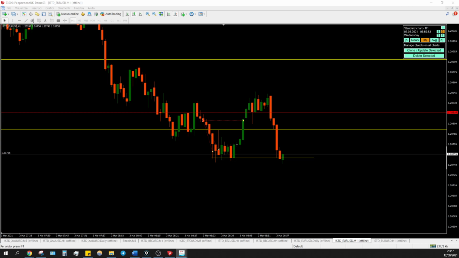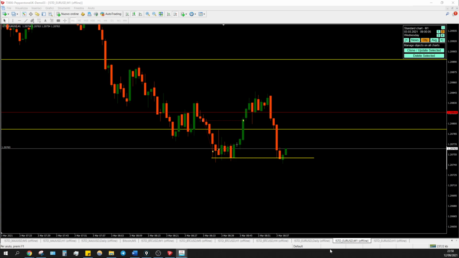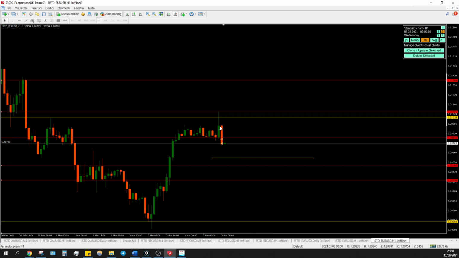Okay, now is a new hourly candle. This one closed very strong bearish engulfing. Not a wick, more of a body. We can have now a retest and then continuation down.